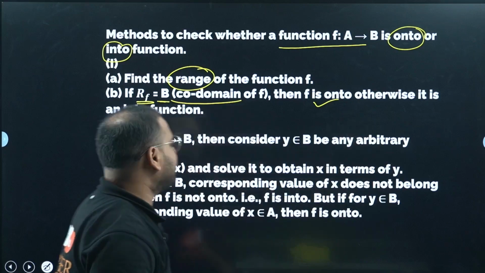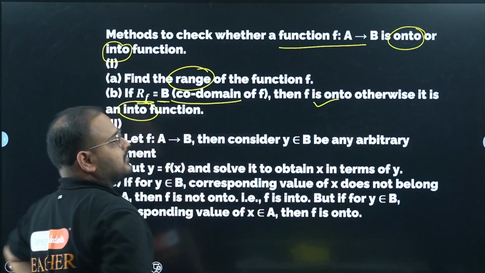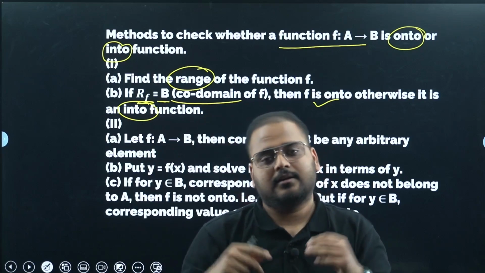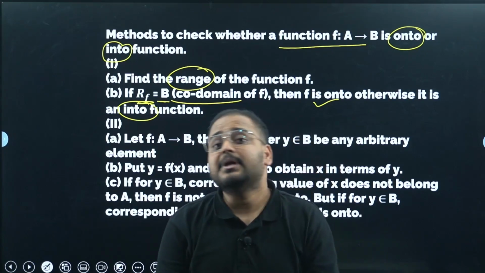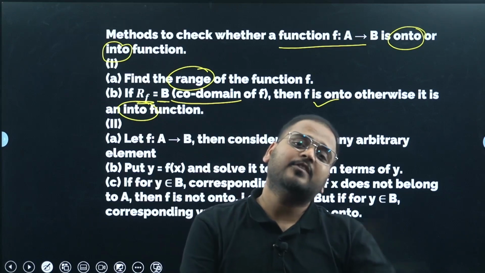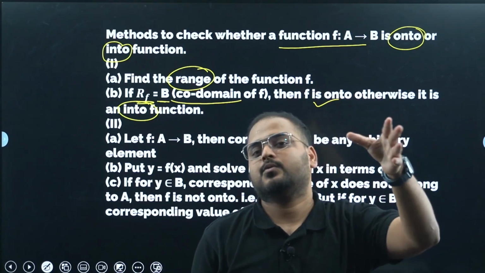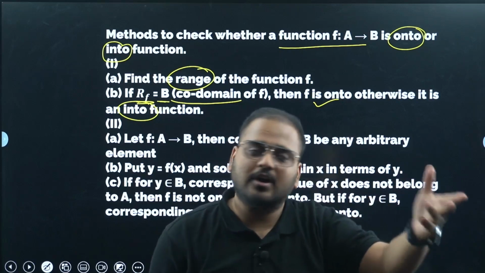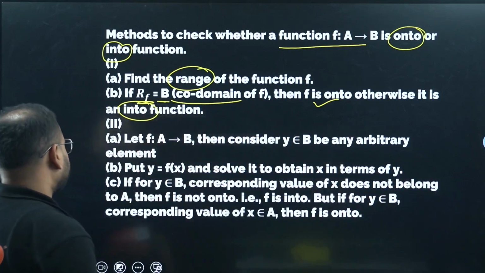In any other case, it is into. If they are equal, surjective. If not, into.